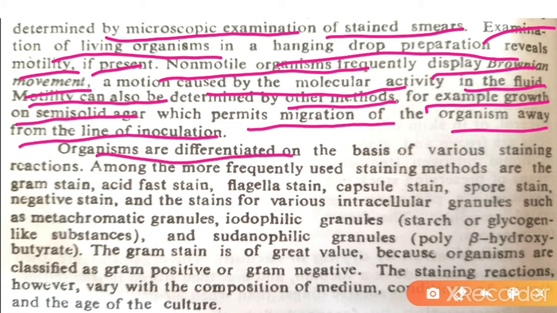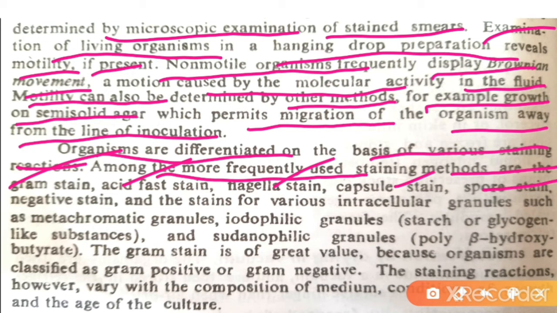Organisms are differentiated on the basis of various staining reactions. Among the more frequently used staining methods are gram stain, acid-fast stain, flagella stain, capsule stain, spore stain, negative stain, and the stains for various intracellular granules such as metachromatic granules, sudanophilic granules, etc. The gram stain is of great value because the organisms are classified as gram positive and gram negative based on their colors.